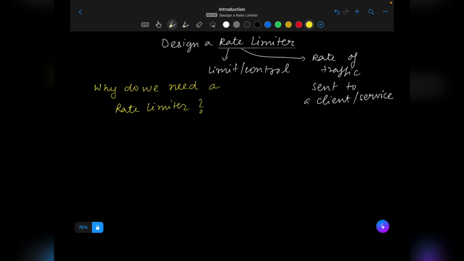Simply we can say we need to limit the rate of requests or API calls. But why do we actually need to limit? Consider a scenario where you are sending a legitimate request to an API server and suddenly a malicious attack happens and thousands of malicious requests are sent to the server along with your valid request.